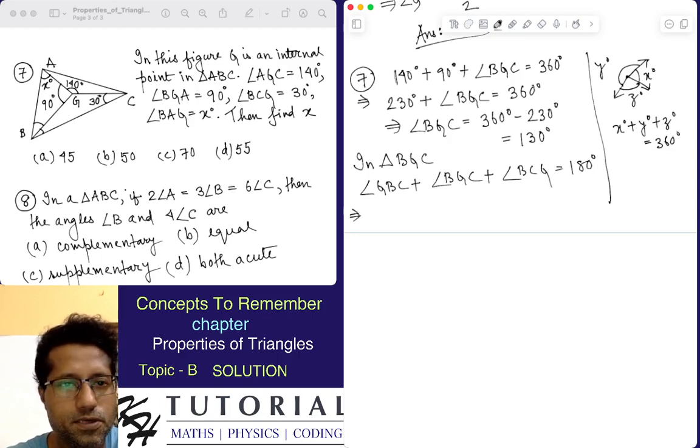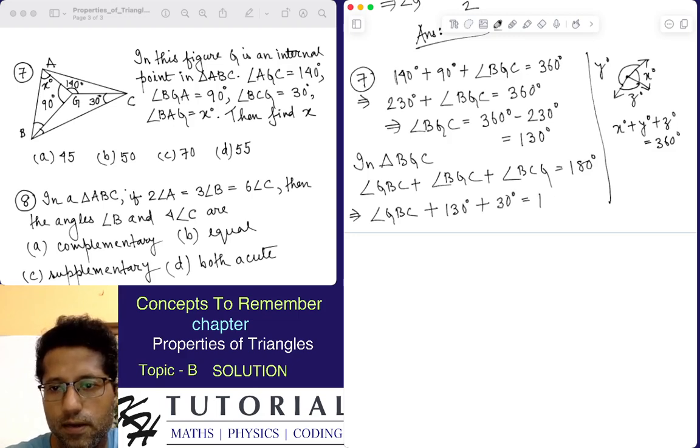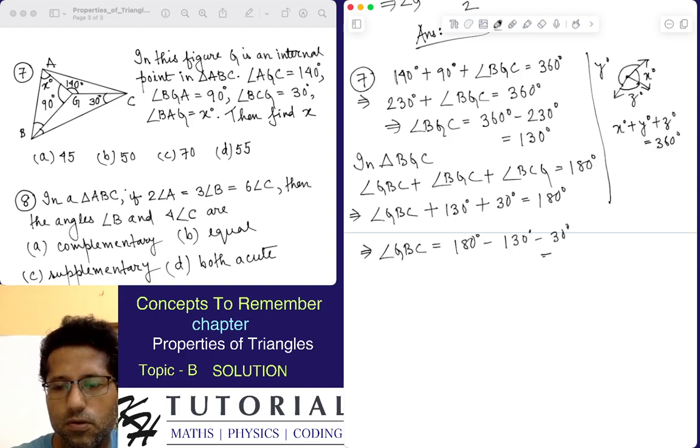This implies angle GBC we don't know, plus angle BGC we just found to be 130 degree, and angle BCG is given to be 30 degree, is equal to 180 degree. This implies angle GBC is equal to 180 degree minus 130 degree minus 30 degree. This is equal to 180 degree minus 160 degree, that is 20 degree. Angle GBC is 20 degree.